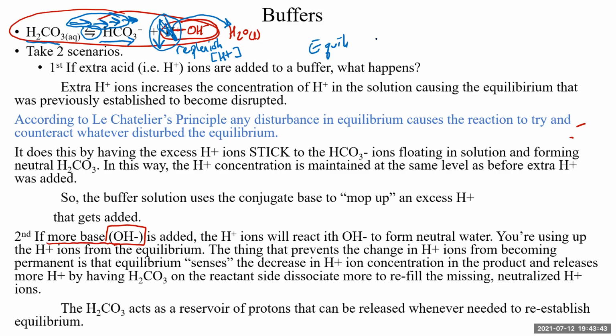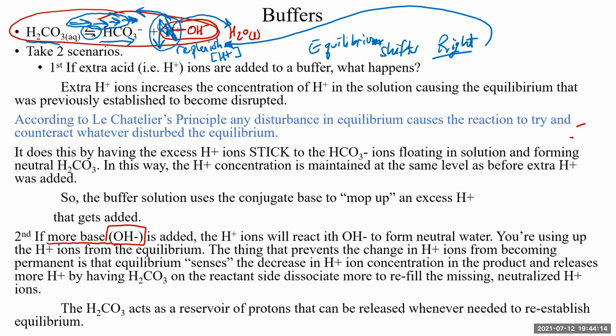We say that equilibrium shifts rightward. Equilibrium shifts right to replenish the hydrogen ion because it senses the loss of that hydrogen, since there's less hydrogen ion to combine with bicarbonate ion to keep the right to left process going.